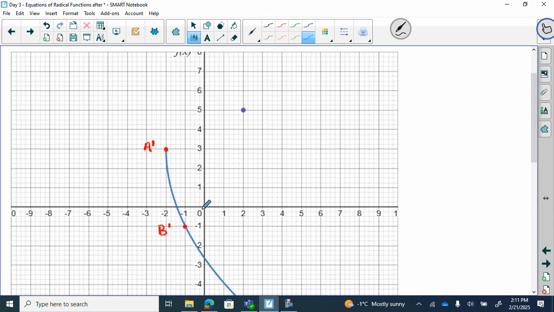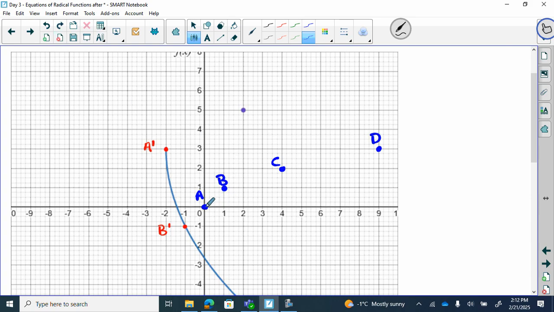What are the key points on y equals the square root of x? They're on the board here: 0, 0; 1, 1; 4, 2; 9, 3. So I've got points A, B, C, and D. That's my base function. In chapter 2, this is the base function.